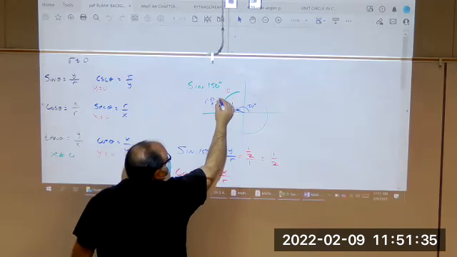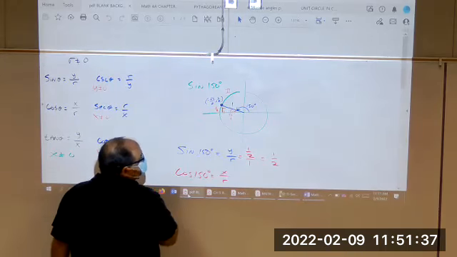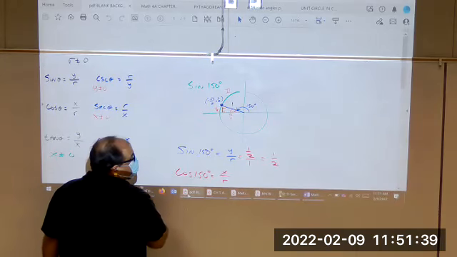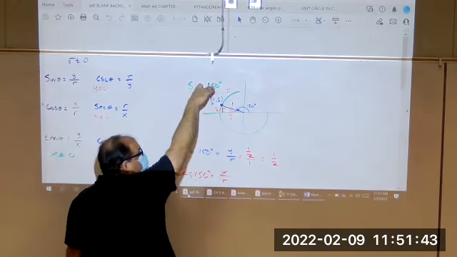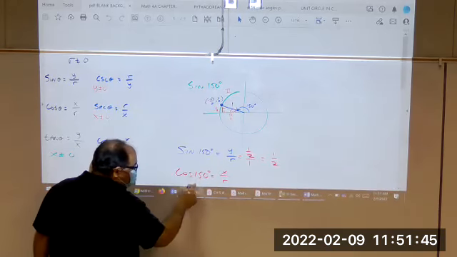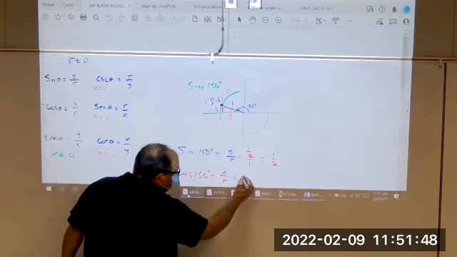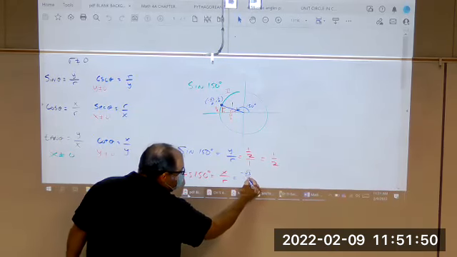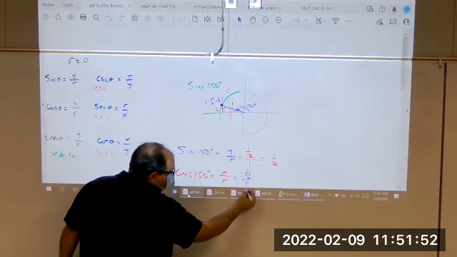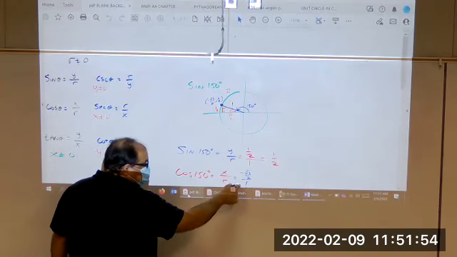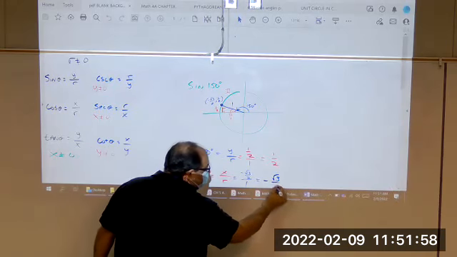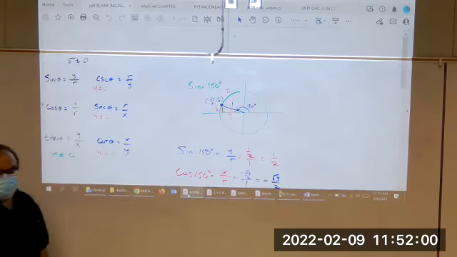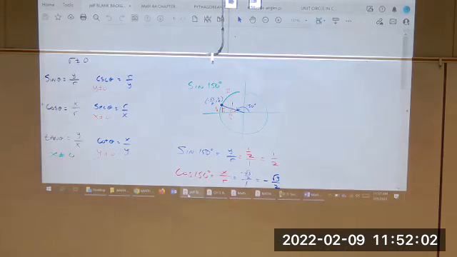The y coordinate is positive 1/2. X is negative if you go left, y is positive when you go up. So the cosine is going to be a negative square root 3 over 2. And the radius is a 1. Negative square root 3 over 2 divided by 1. The cosine of 150 is negative square root 3 over 2. Signs matter. What matters is what quadrant you are in.